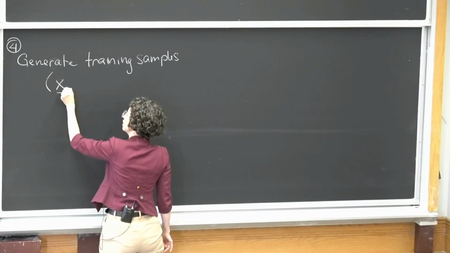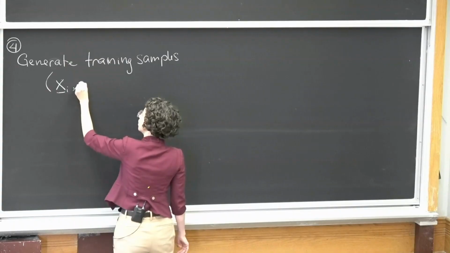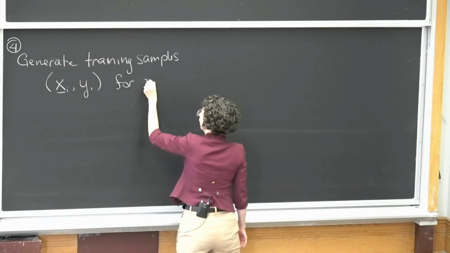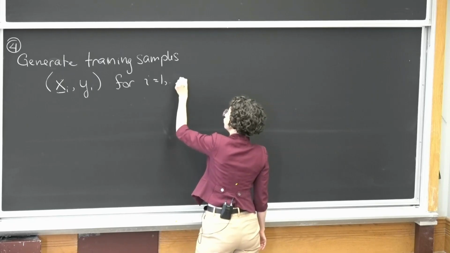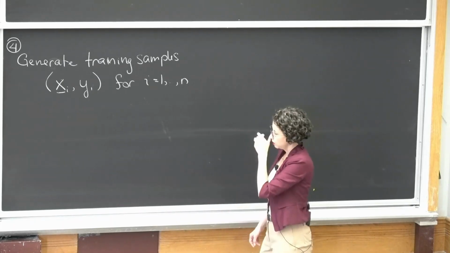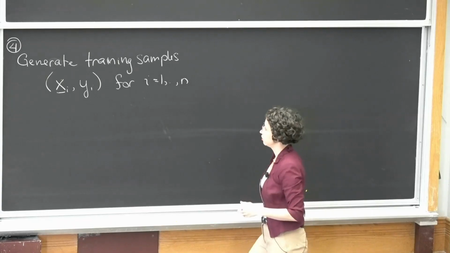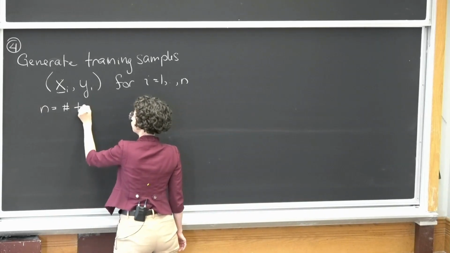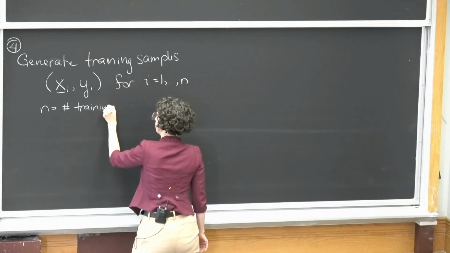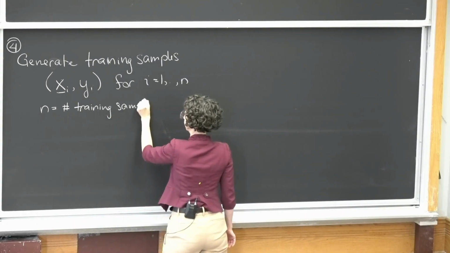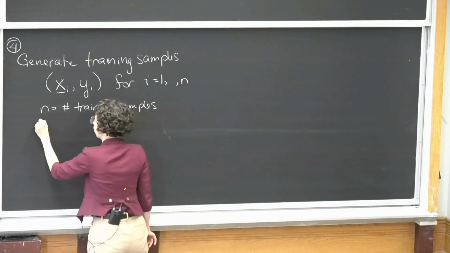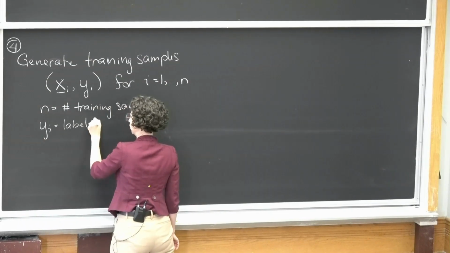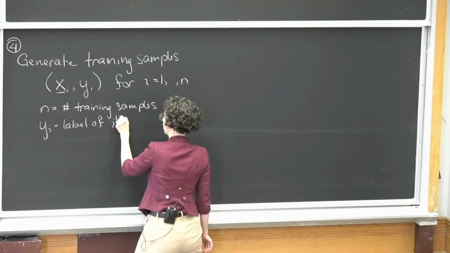And we are going to write this as pairs xi and yi for i equals 1 to n. So in this setting and with this notation, n is equal to the number of training samples. yi is equal to the label of the ith sample.